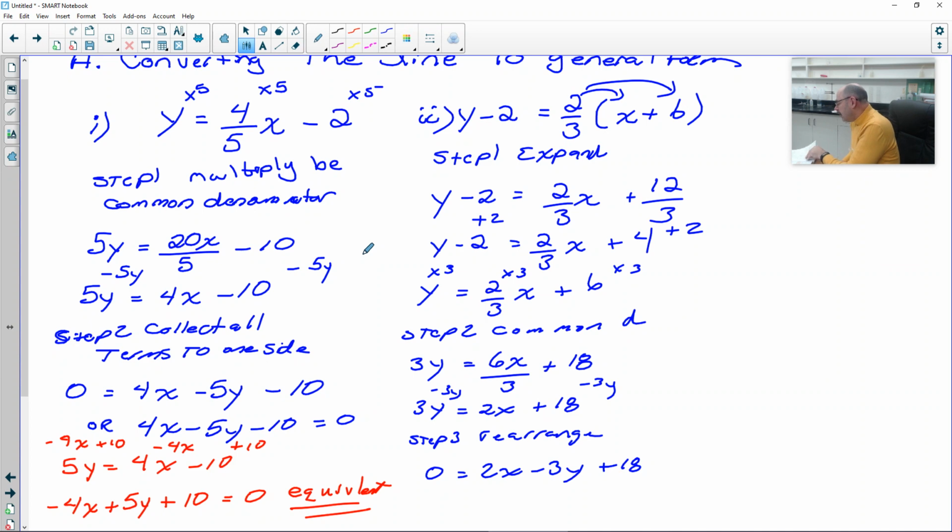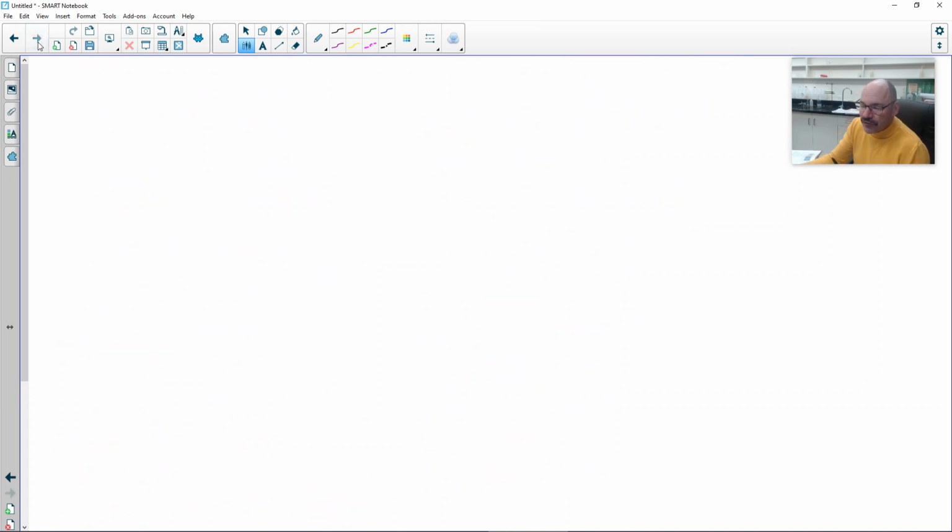So the next thing they want you to be able to do is how do you graph this? Okay, well, there's a couple of different ways to graph the line. My favorite way is the x and y intercept way. Okay, so I'm going to show you that. So this is B, graphing the line.